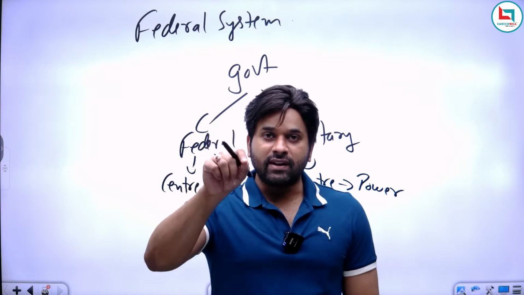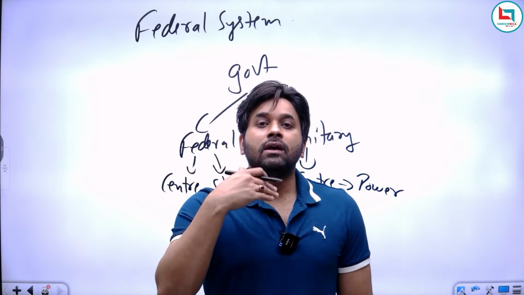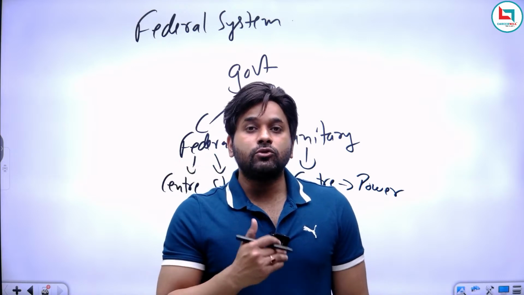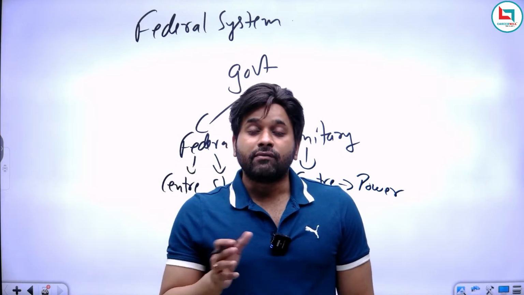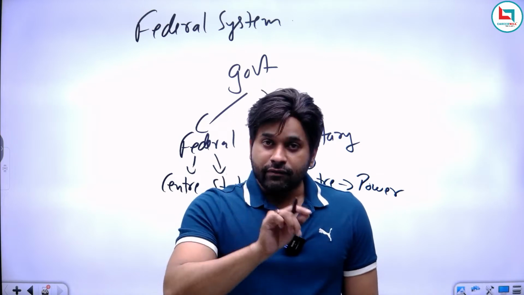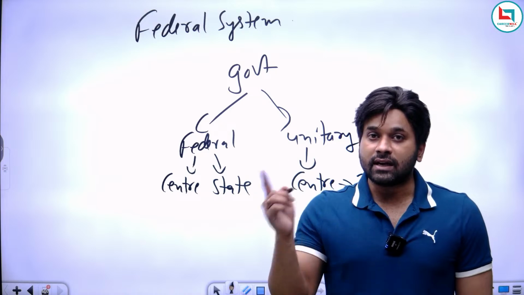So what was the difference between presidential and parliamentary? That difference depends upon the relation between executive and legislature. But when it comes to federal and unitary system, the difference between the two depends upon the nature of relation between center and states.